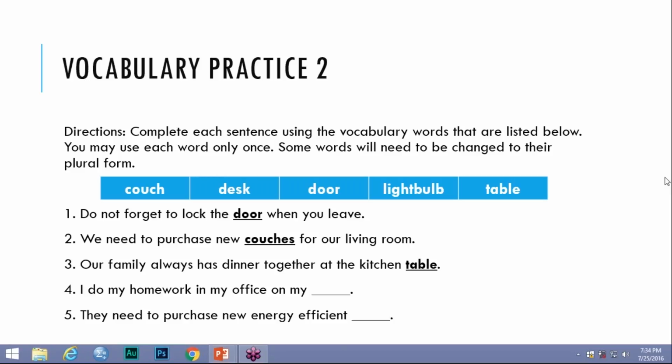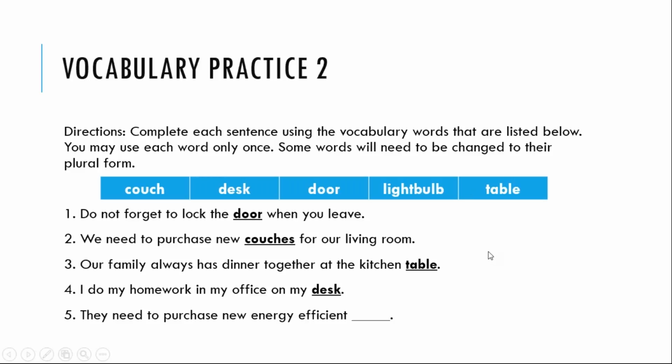Number 5. They need to purchase new energy efficient what? I see 2 answers and they're both missing something. You think about it. Energy, not a energy efficient. No, we need plural. There's not one. It's plural, multiple. Thank you very much.